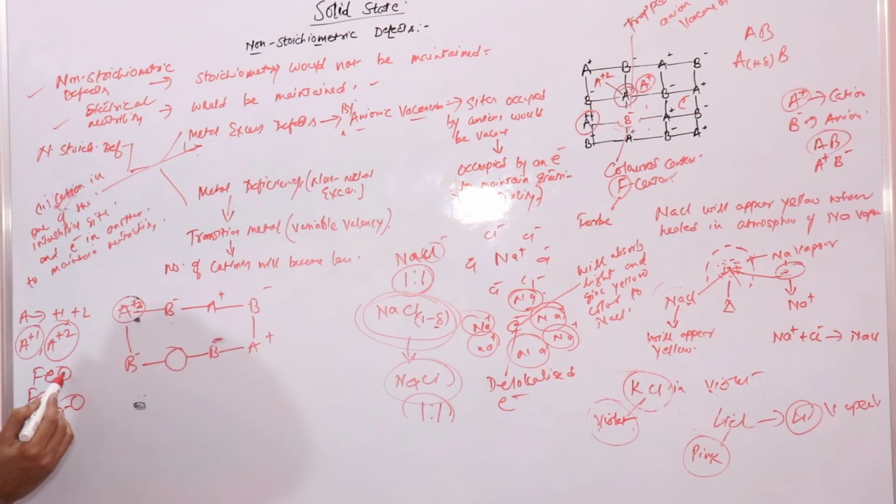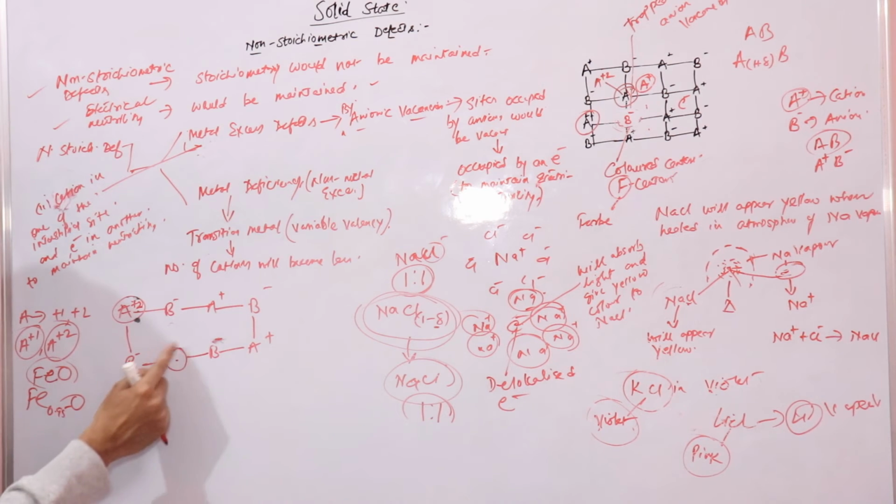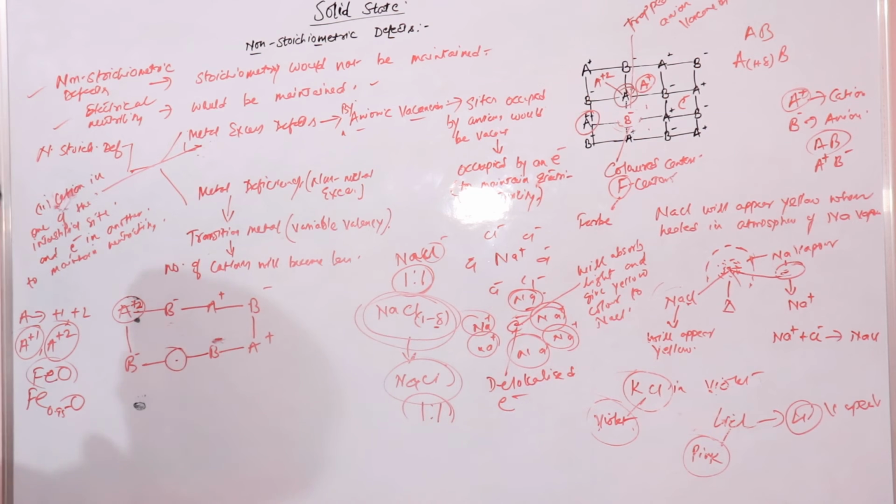So here you see that stoichiometry is not maintained because the number of iron ions has become less. One of the sites in ferrous oxide that was occupied by this Fe is vacant. So the number of iron or ferrous ions is less. So in place of 1, I have written 0.95, which is less than 1, right?